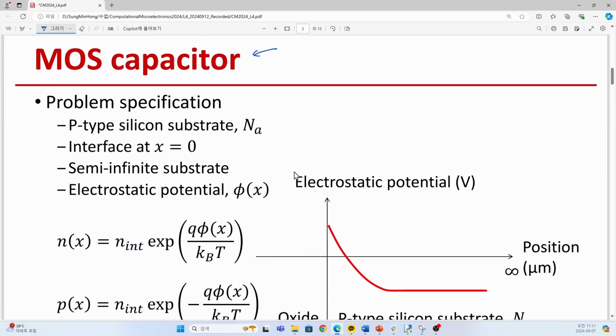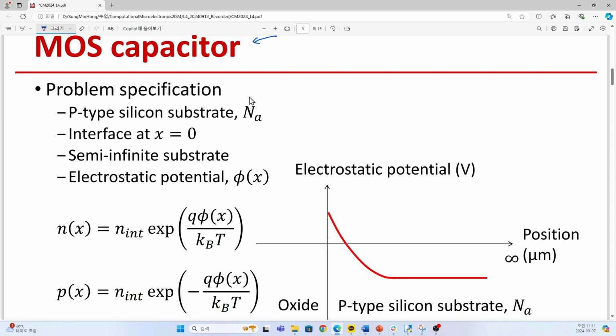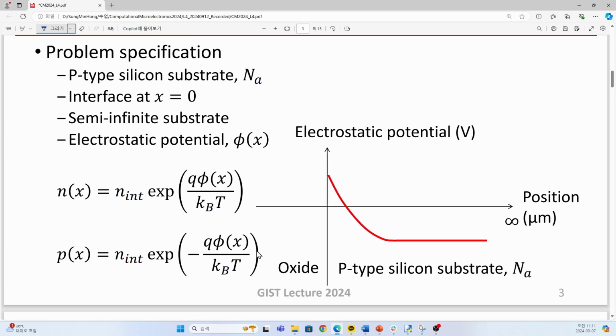Okay, so this is a problem specification from the viewpoint of our lecture course. In this case, instead of considering all kinds of physical meaning, we just treat it as an equation. So here we have an oxide layer, and how thick is it? Right now it doesn't matter.